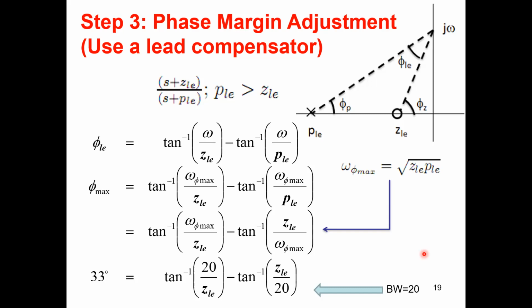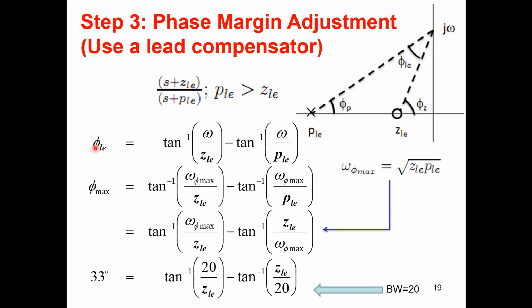And this is the phase equation, the phase lead. This is the zero of the compensator. This is the pole of the compensator, right? Omega is a variable. Phi is the phase offered by the compensator. It is also a variable.